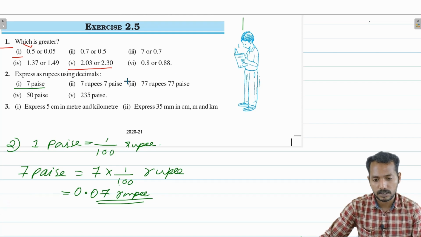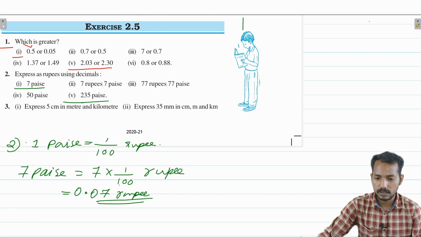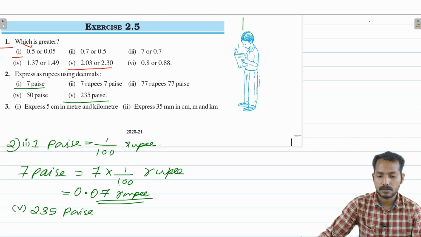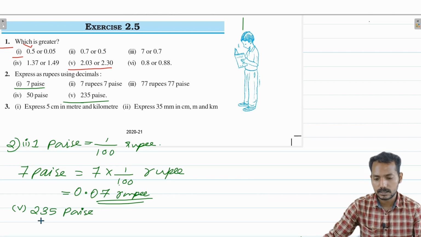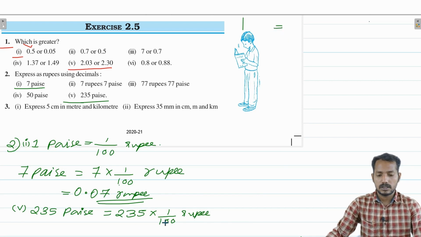Let's take one more example, that is option number 5. In option number 5, 235 paisa. Very simple. That is 235 into 1 by 100 rupee. Convert into rupee. That is equal to, here 5 and 3.